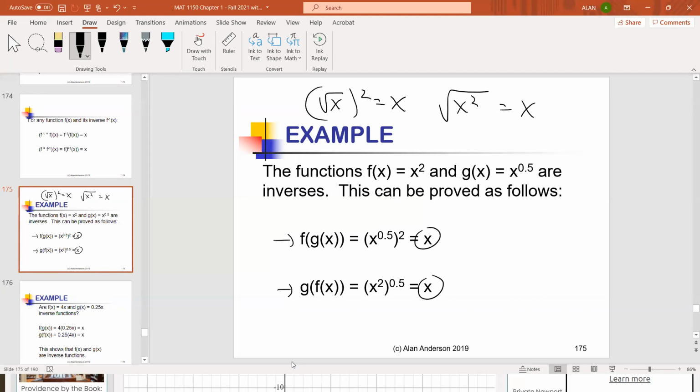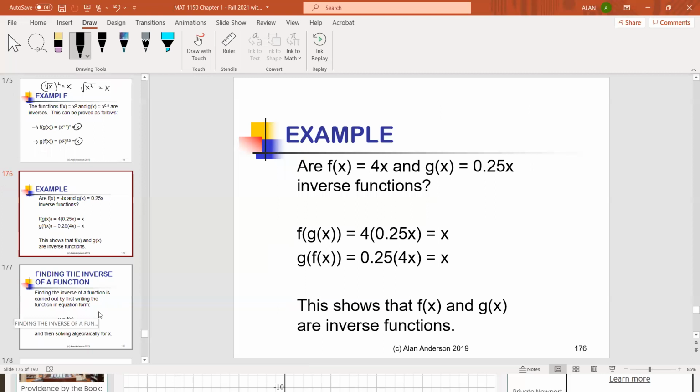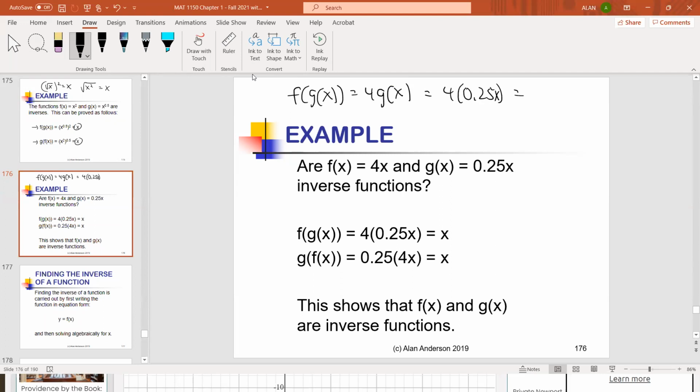All right, so here's a couple more examples. What about these two? Multiply by 4 and then divide by 4, are they inverses? Well, according to what I'm seeing here, they are, because f of g of x would be 4 times g of x, which is 4 times 0.25x, which is x.